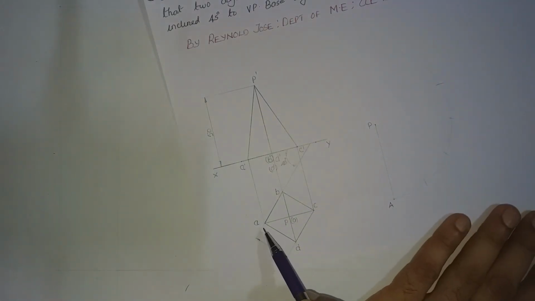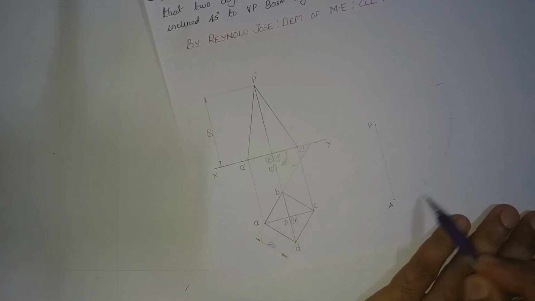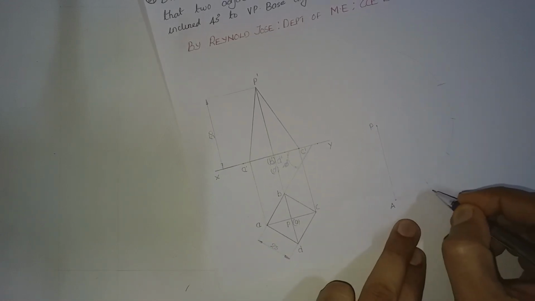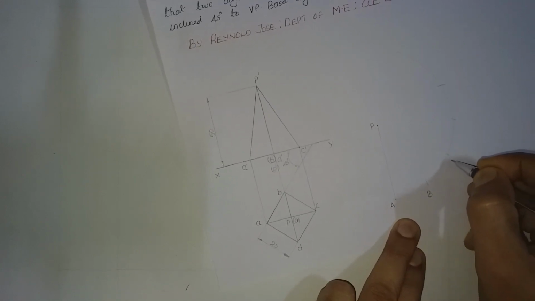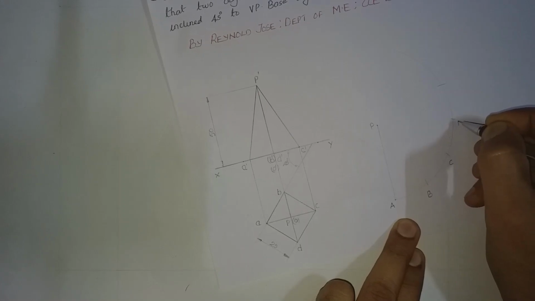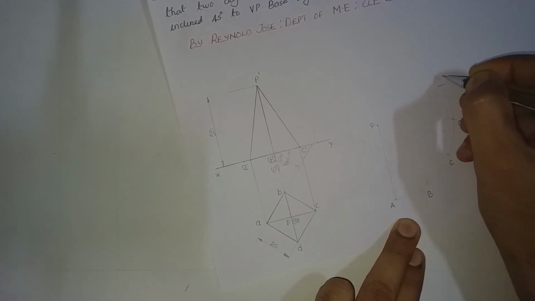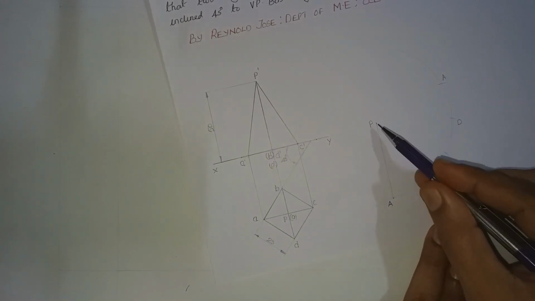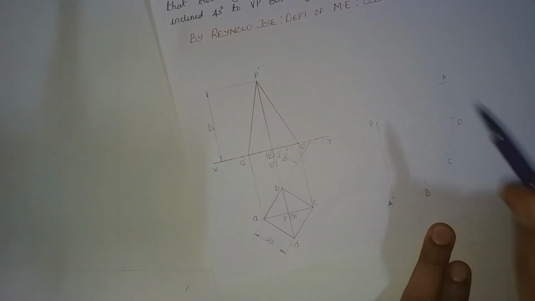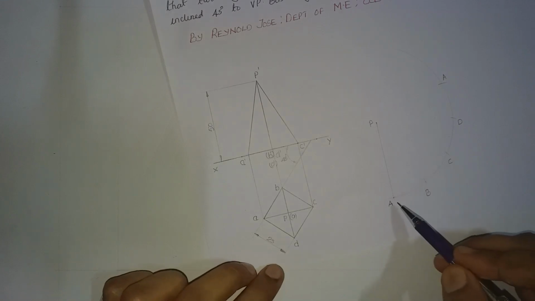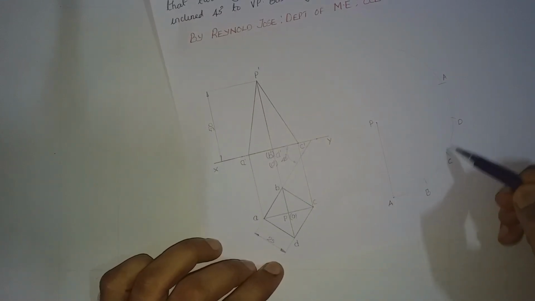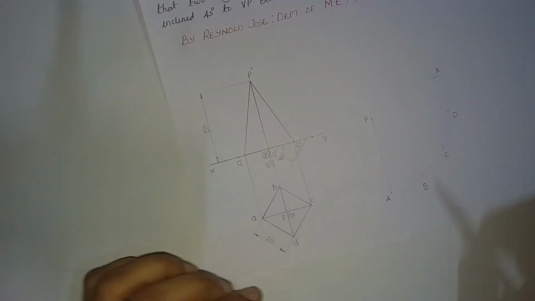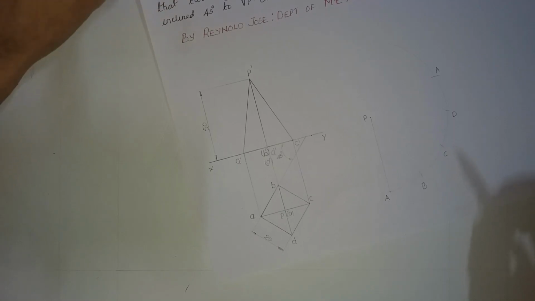As we are unfolding this solid from A, let us name the other points B, C, D, and this last point again A. Now let us join PB, PC, PD and PA using straight lines, and also AB, BC, CD and DA using thin lines, type B lines.